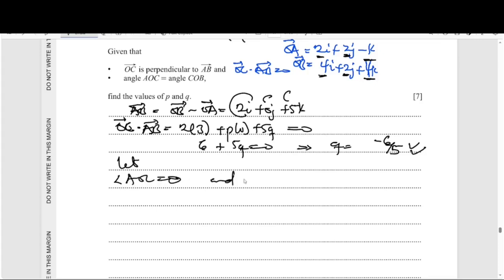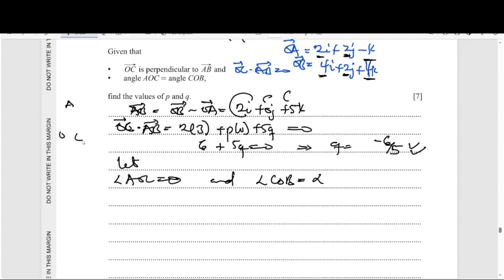And then angle COB, let's say, be alpha, right? And how do we even find angles? For angle AOC, it is between AO and then OC, right?